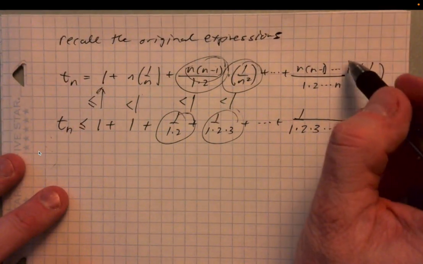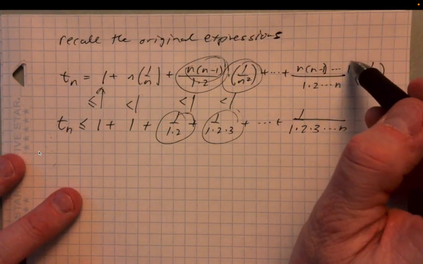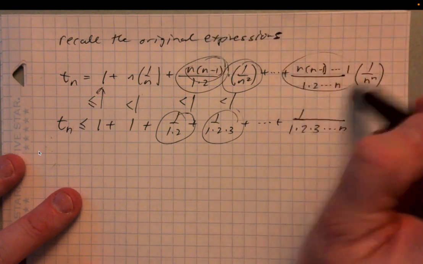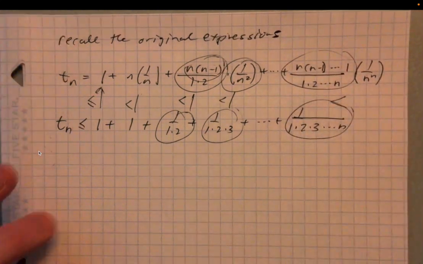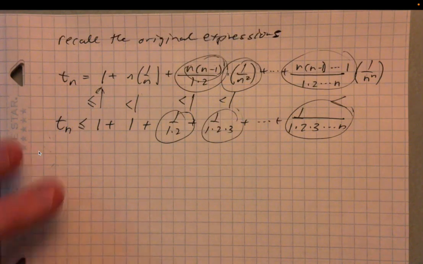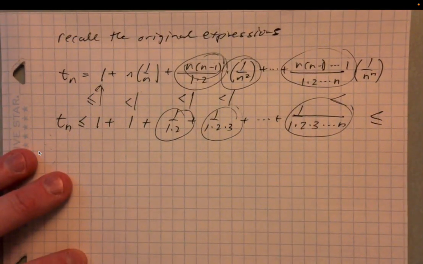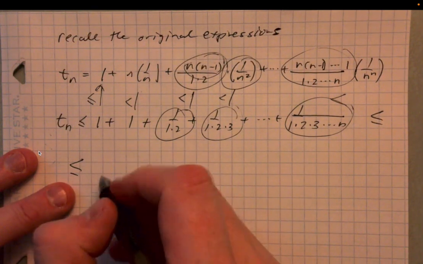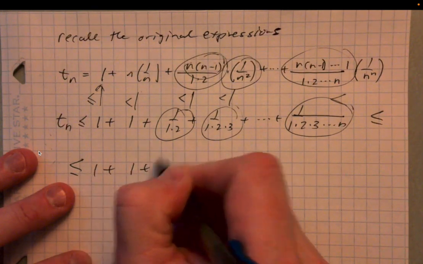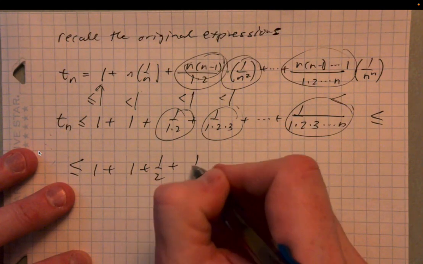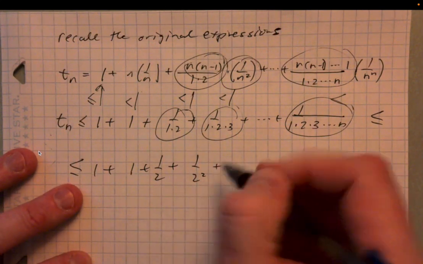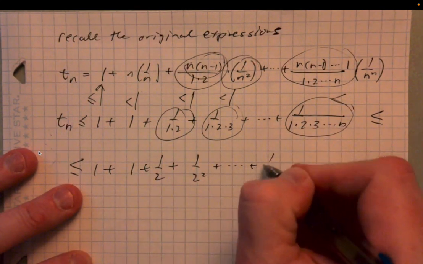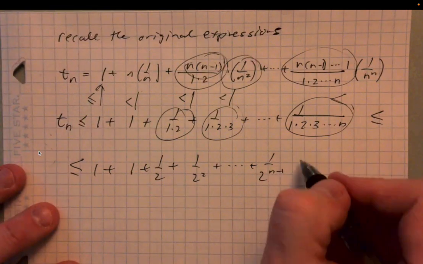And ultimately, you've got the same thing here. Okay. And so this is going to be less than or equal to 1 plus 1 plus 1/2 plus 1 over 2 squared plus dot dot dot plus 1 over 2 to the n minus 1.